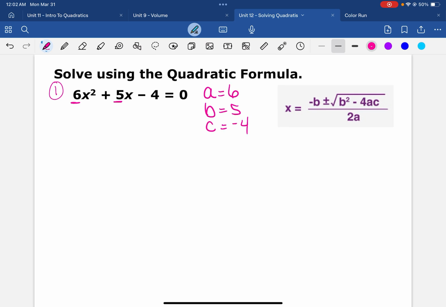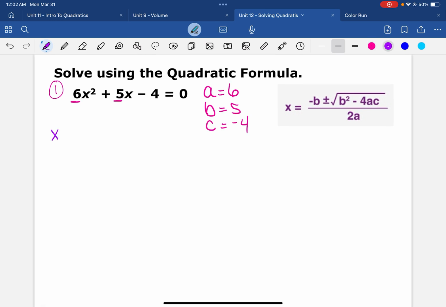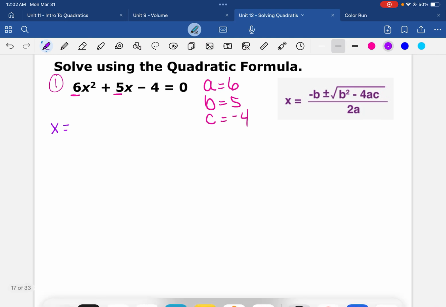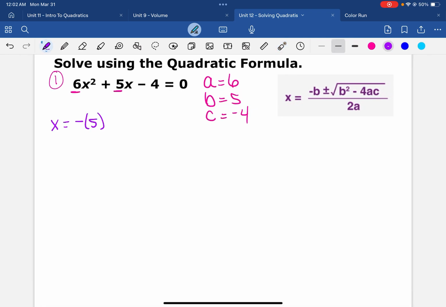So if we come over here, x is equal to negative b. Well, what was my b value? Right there, it was a 5. So negative 5 plus or minus the square root of b squared.